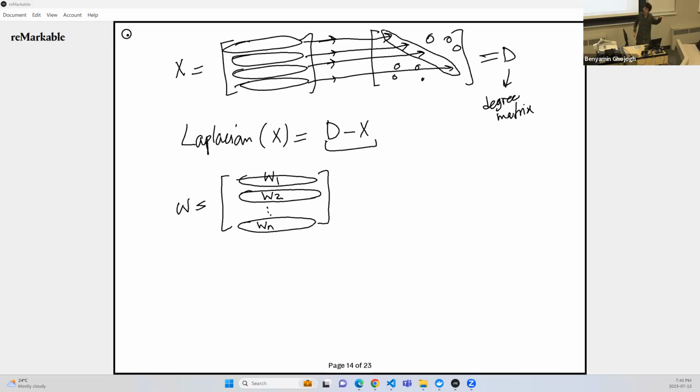W1 are all of the weights for the first point. Many of its elements are 0. K of its elements are not 0 and are equal to W1j tilde, right? As I said, W1 is 1 by N, right? This is 1 by N.